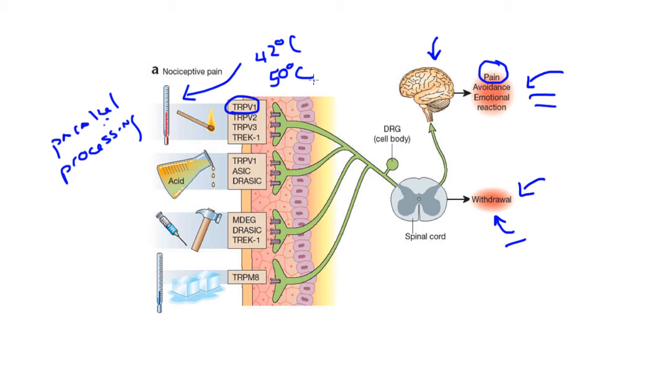So the hotter something is, the more channels open, the more the axon, the dorsal ganglion cell, the nociceptor responds. Acids, yep, there are separate receptors called ASICs that respond to acids that are not part of TRPV1. ASIC stands for acid-sensing ion channel.